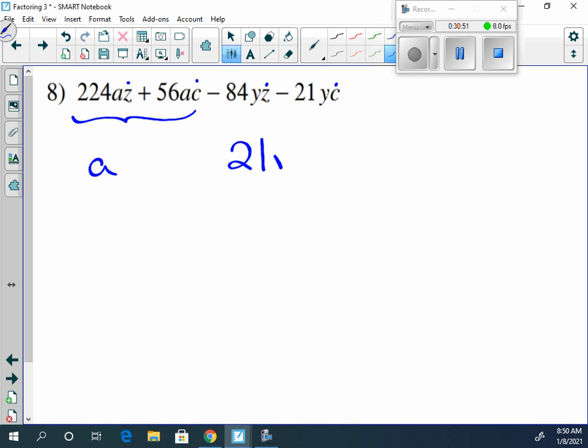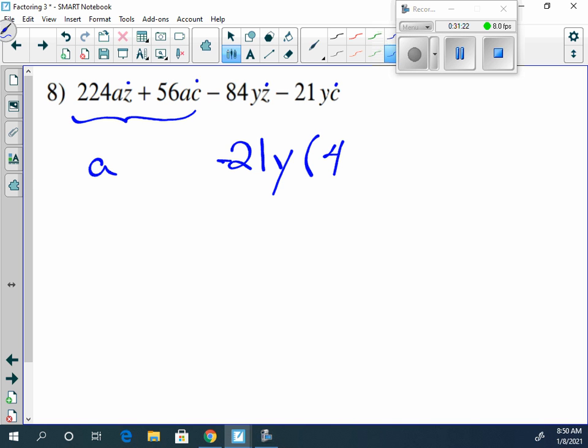So the greatest common factor, the biggest number I can take out of here is 21, yes? And we would also have y. Now, what else do we notice about these two here? They're both negative, yes? Are the other two numbers 224 and 56 negative? No. So probably to keep them lined up, I'll need to pull that negative out with it. To keep everything inside the parentheses left over positive, we'll pull that negative out. Now, when we factor negative 21 out of 84, we're left with 4.